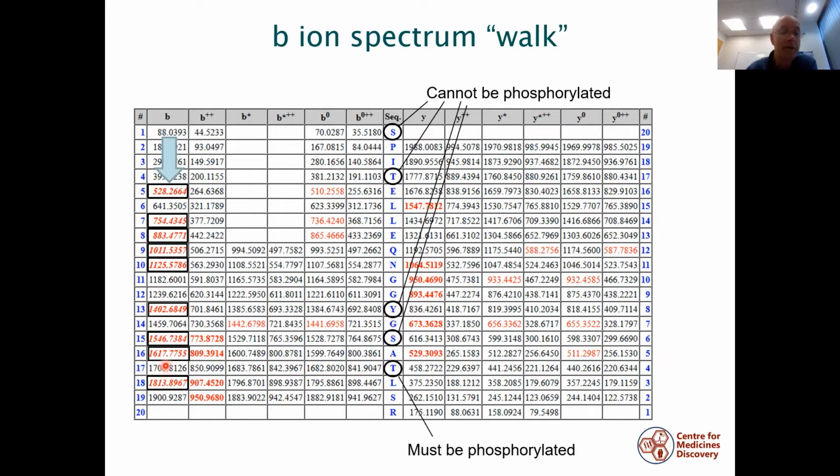We don't have this ion, but we do have the one after it, 1813, and this tells you that threonine 17 must be phosphorylated. So this is a spectrum walk, and this is what you do to make sure that the Mascot algorithm has worked correctly and the assignment of phosphorylations are correct.